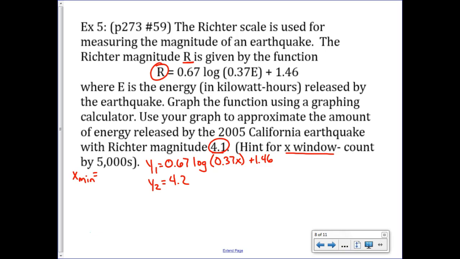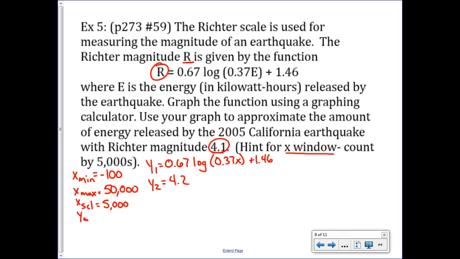So you can do whatever you want here, like -100, or 0 even, but your maximum, I would start at, you could do 100,000, you could do 50,000, whatever you think you need to find that value. And then your scale, this is all under window, it says count by 5,000.